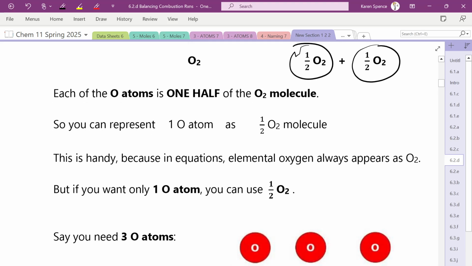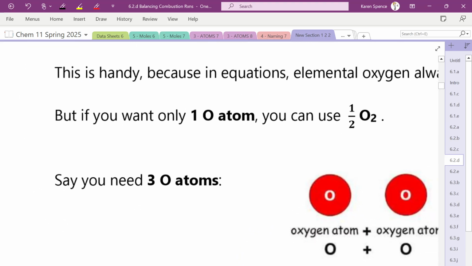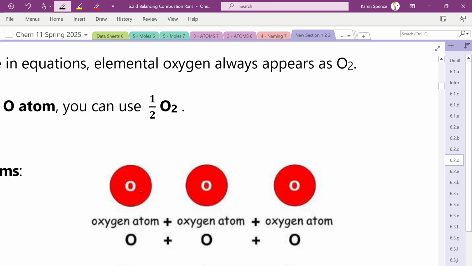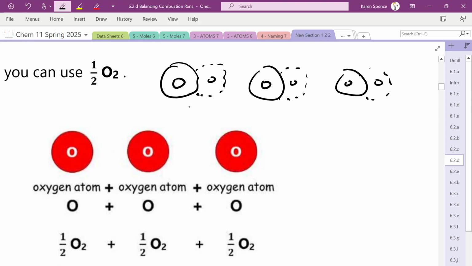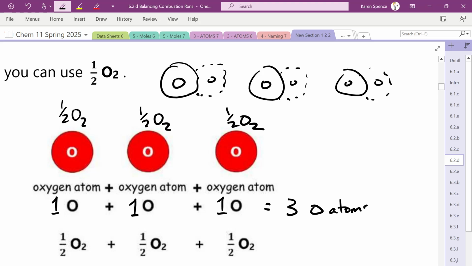Now that deals with 1. We could also say, what if I want 3 oxygen atoms? Well, let's draw 3 oxygen atoms. And remember, each of these oxygen atoms is a half of an O2 molecule, right? We got an O, and then there's our other half that's missing, and then we got another O, and then there's the half that's missing. So we have a half of an O2, and we have a half of an O2, and we have a half of an O2, and that gives us 1 O and 1 O and 1 O, and that gives us 3 oxygen atoms.